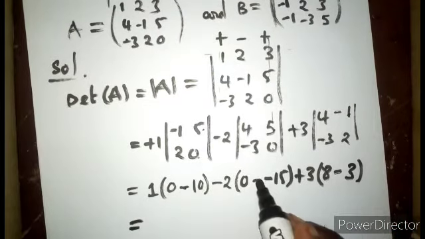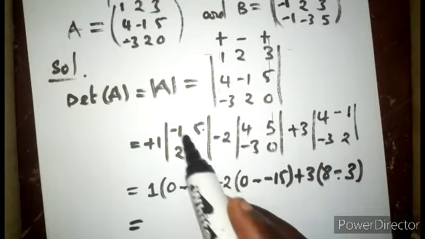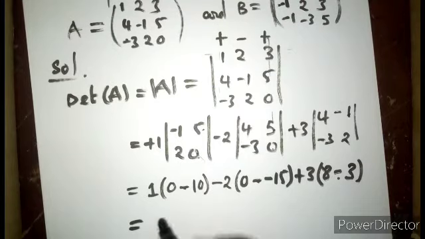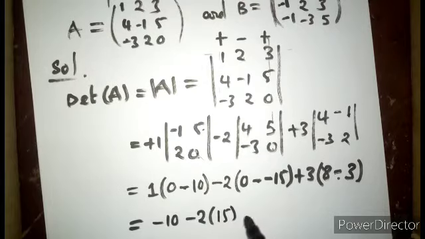Of course, we are saying minus because for the determinant of a 2 by 2, we subtract this product from this product. So we have minus 10, minus 2 into minus 15, plus 3 into 5.